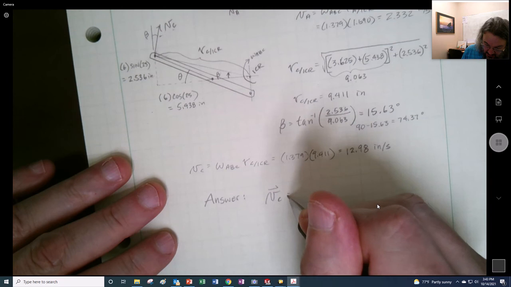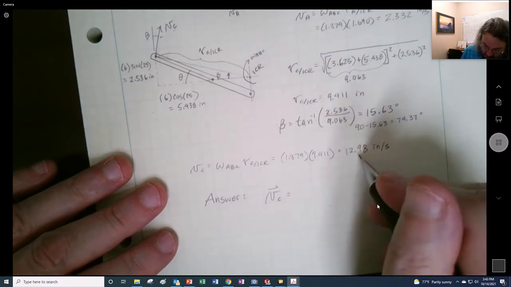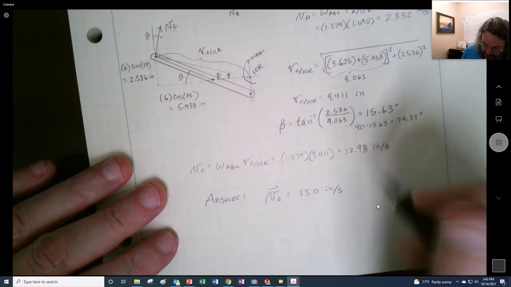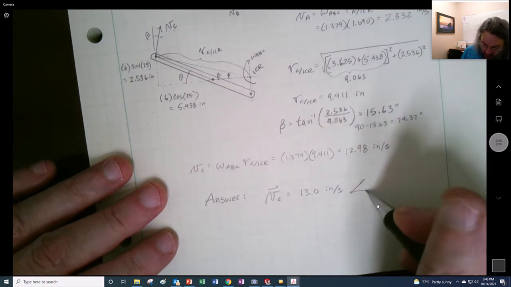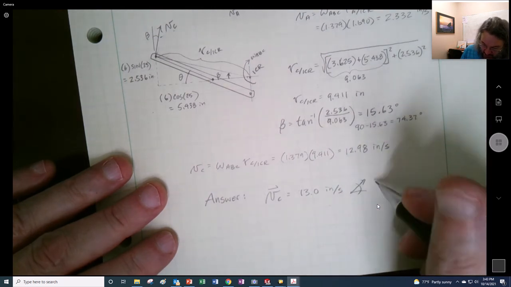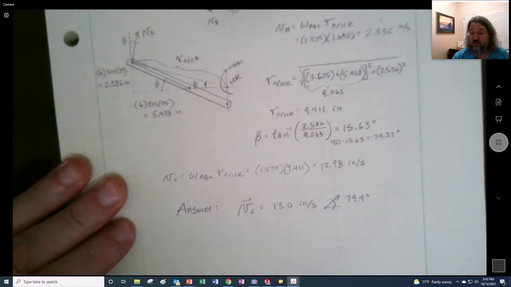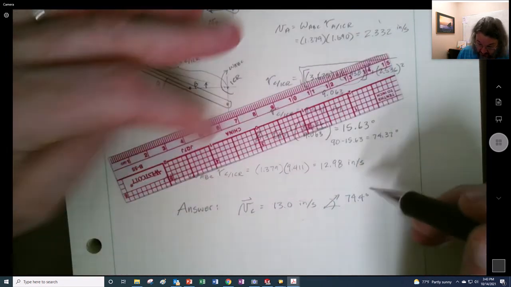So our answer to this problem, VC is equal to, let's call it 13 inches per second, and is coming upwards in that quadrant at 74.4 degrees. All right, so let's box it.